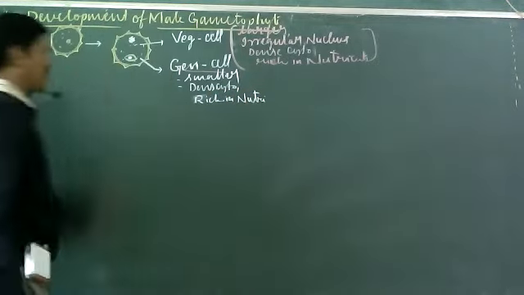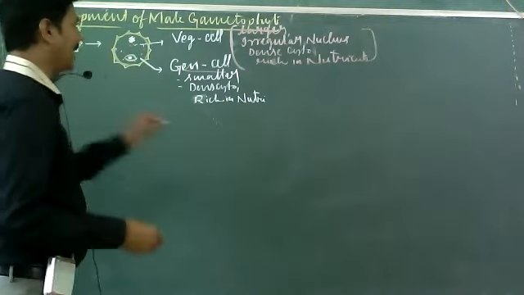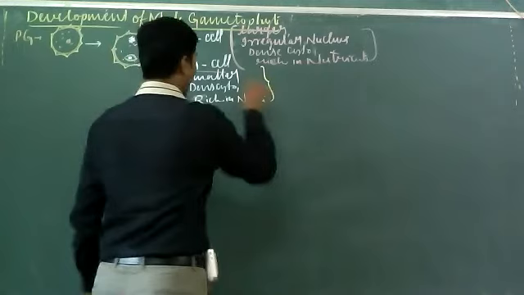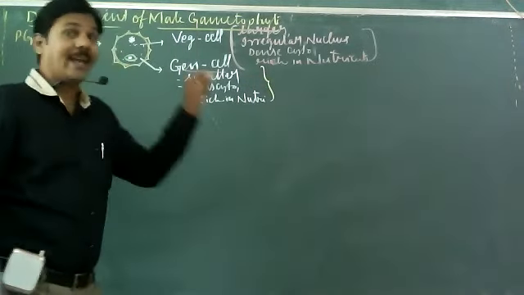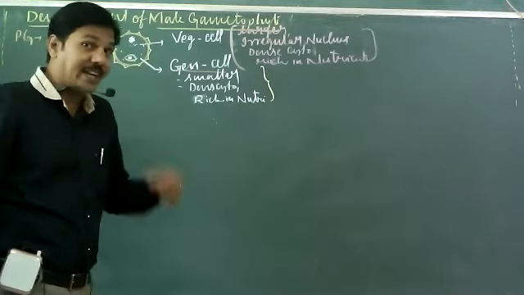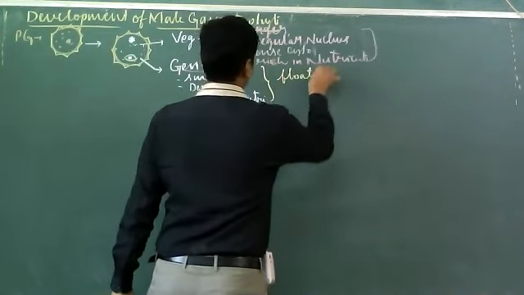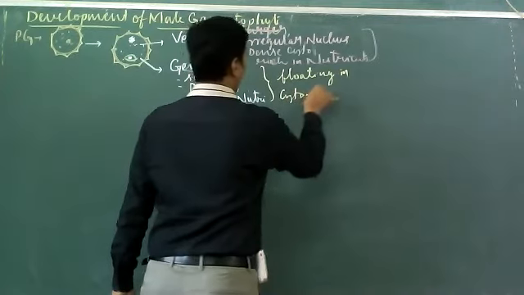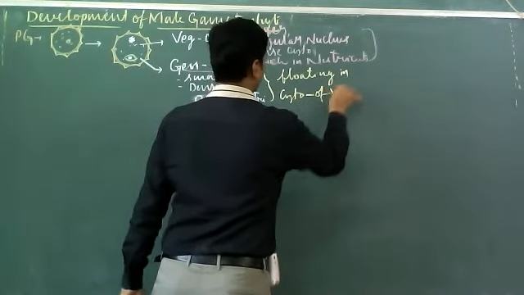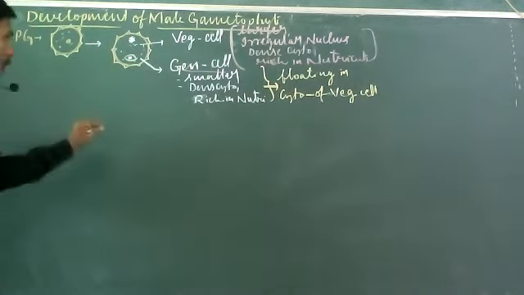The generative cell is floating in the cytoplasm of the vegetative cell. Objective important point.